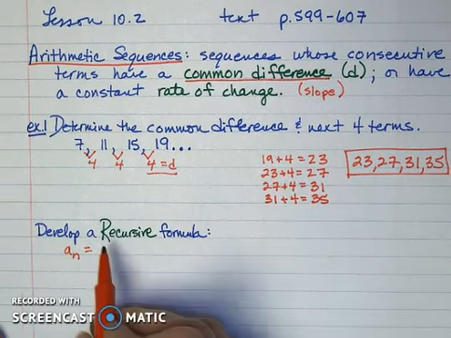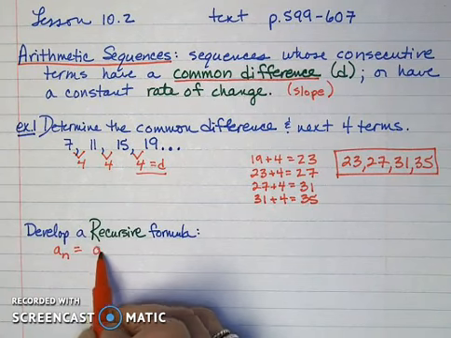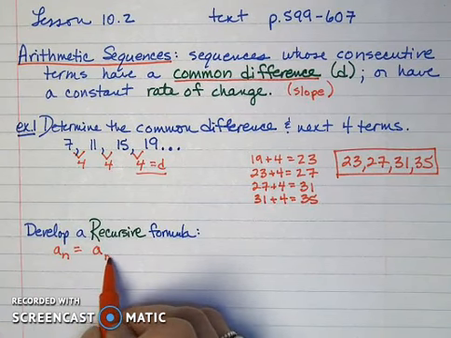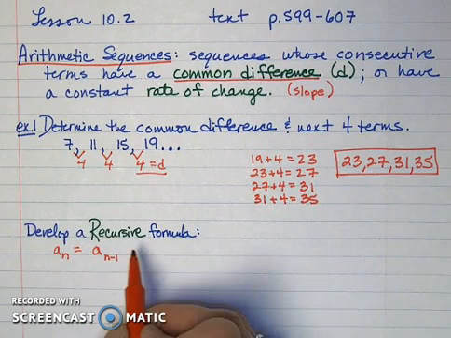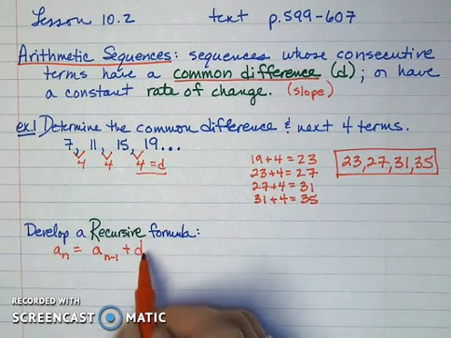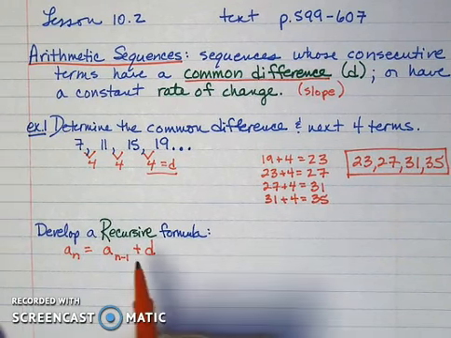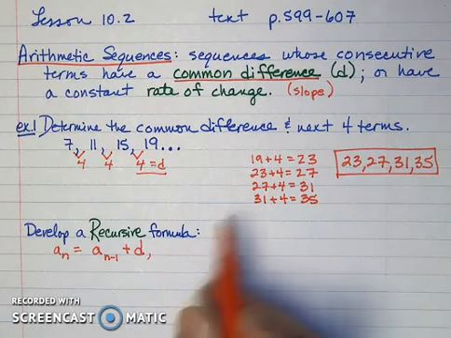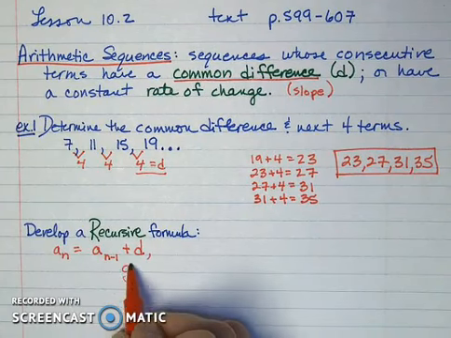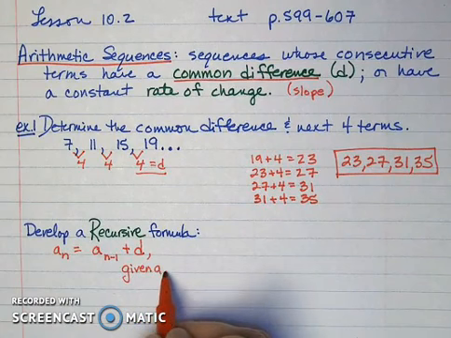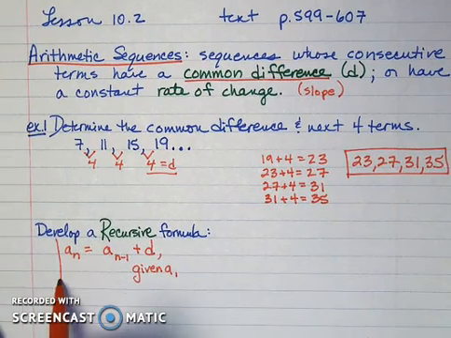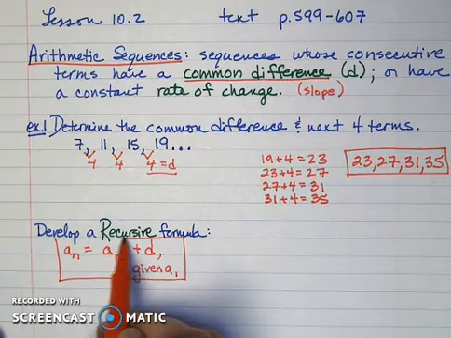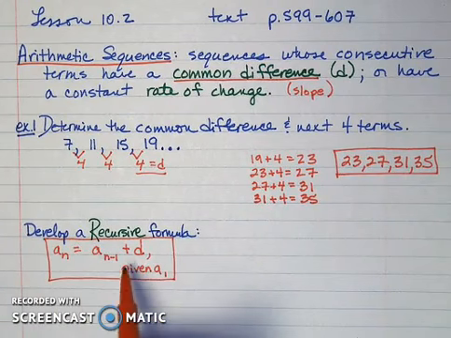So you remember we denote the previous term as a sub n minus 1, and then plus the difference. So that is our recursive formula, and I need to make sure that you are given a sub 1. Once you're given the first term and the difference, you can recursively find the whole sequence.